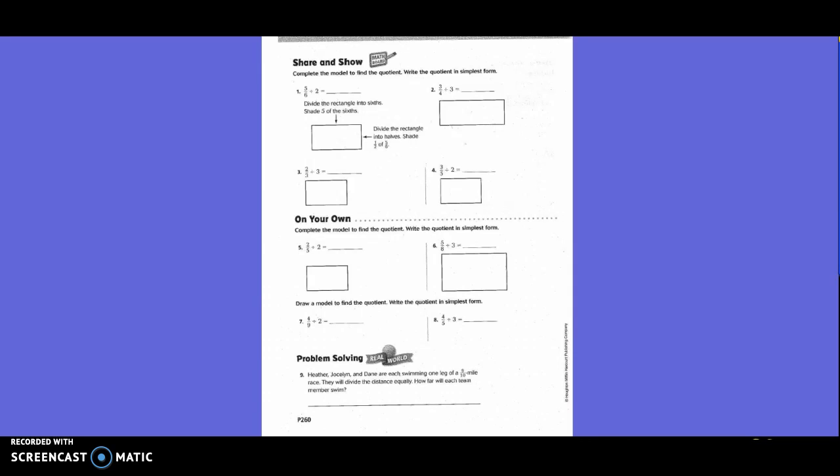So 5/6 divided by 2. So first of all, we divide our rectangle into how many pieces vertically? 6, right?